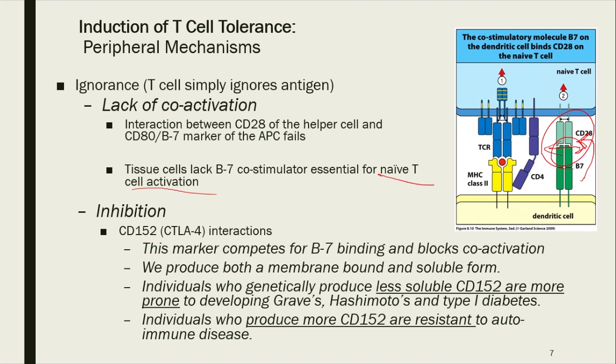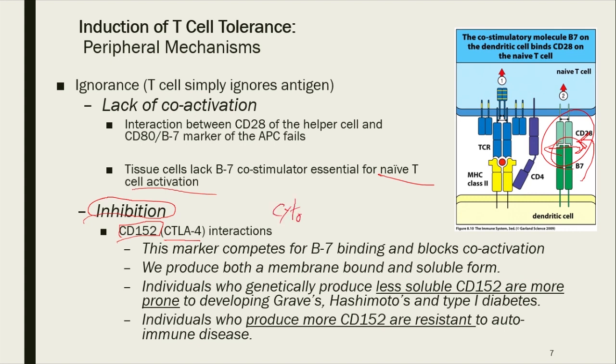Another final way of doing this is through inhibition. There is a marker called CD152, or CTLA4, which stands for cytotoxic T lymphocyte associated protein 4. Once again, it's cytotoxic.